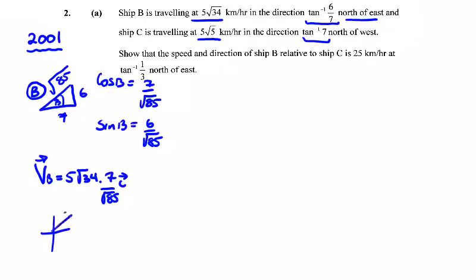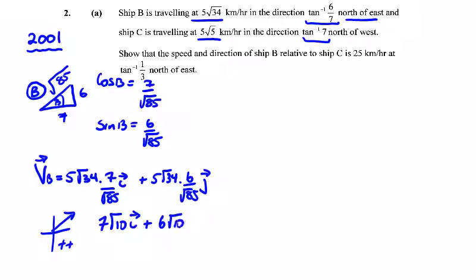North of east, we can see there plus plus, so plus 5 root 34 by 6 over root 85 in the j direction. And this does tidy up on a calculator. 7 root 10 in the i direction plus 6 root 10 in the j direction for the velocity of B.